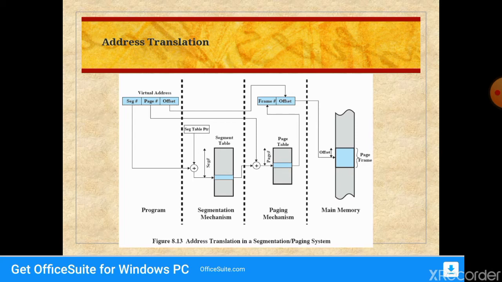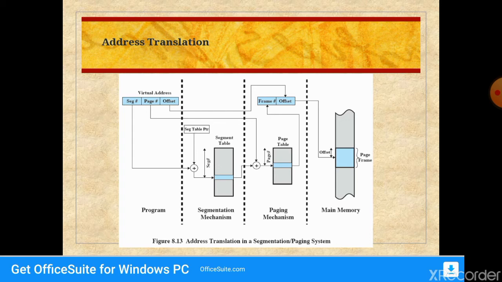As we see here, the virtual address consists of three parts. The first few bits are used for the segment number, the next few bits are used to represent the page number, and the last few bits for the offset. In this method, a segment is divided into a number of pages.